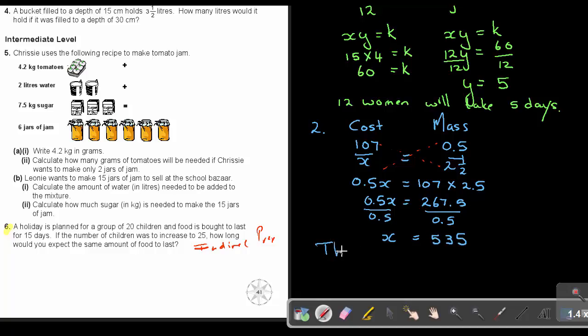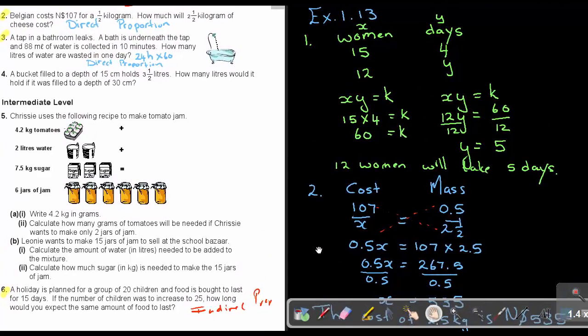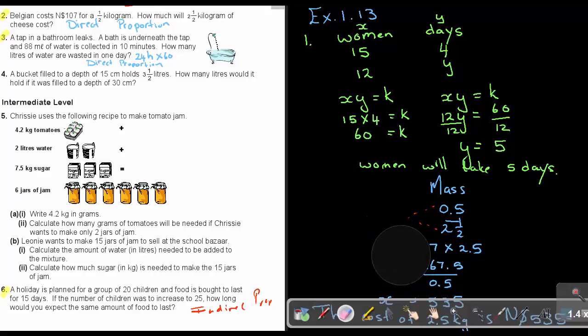So the cost of 2.5 kilogram is $535 Namibian dollar. Okay, let's just make space for us.